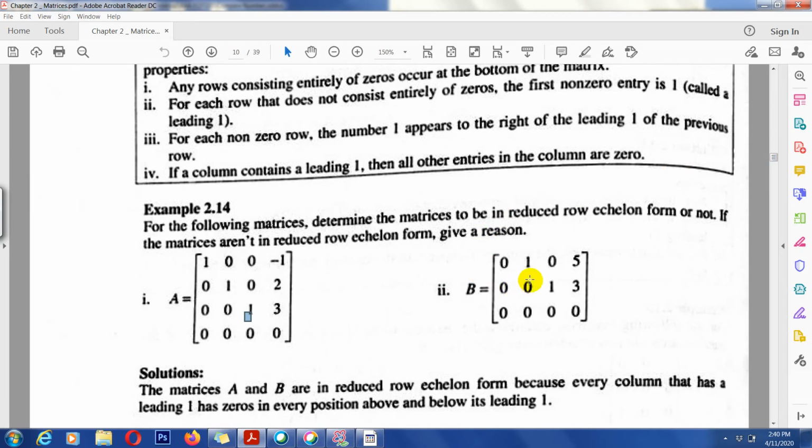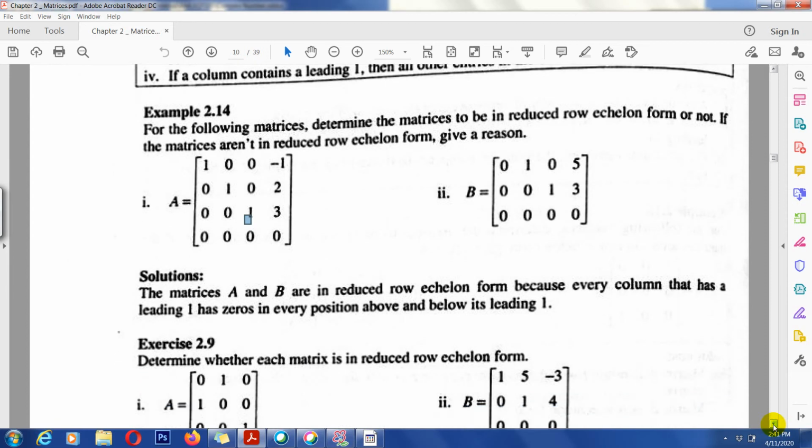For example here, as long as after the first leading coefficient, the position after this is also 1, it is okay. And then if a column contains a leading 1, then all other entries in the column are 0. The entries above the 1 should be 0. That's the meaning of this definition. So if there is no 1, it should be 0. But if we have 1 here, then the others should be 0. So we call it a reduced row echelon form.